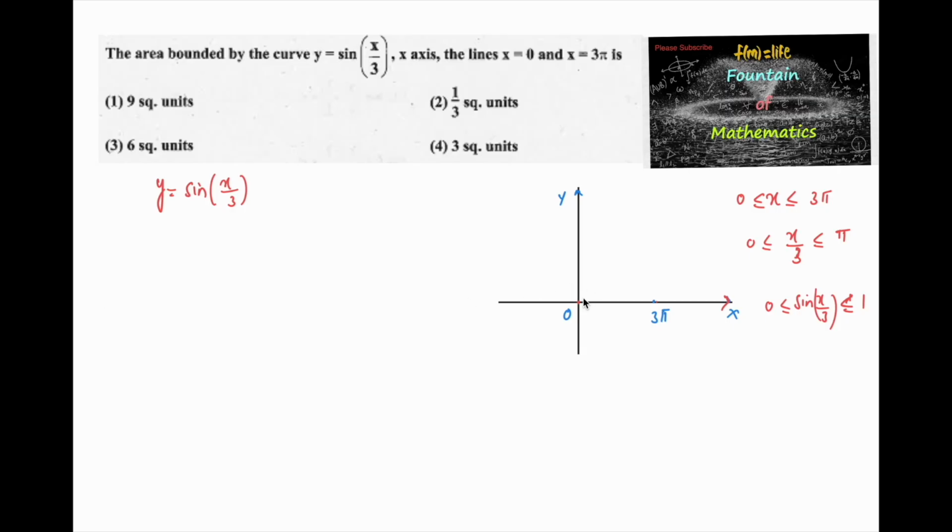And we can see the graph. So this is the graph, y is equal to sine of x upon 3, between the lines x is equal to 0 and x is equal to 3 pi, and the x-axis. So we can see the area formed.